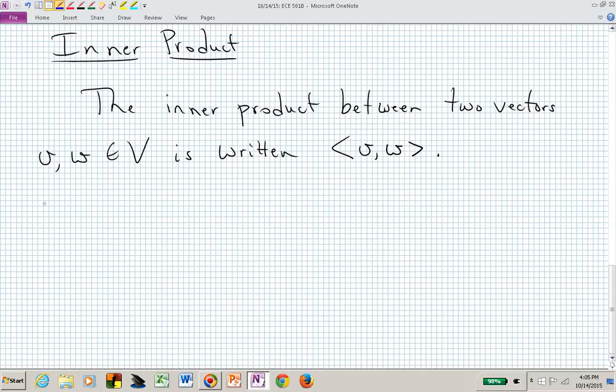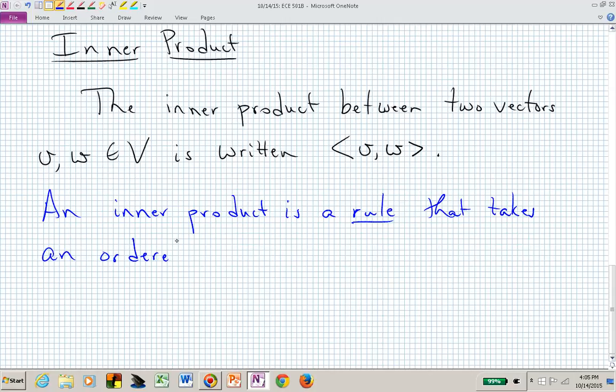An inner product is a rule that takes an ordered pair, and it depends on where you put these vectors in that definition. W, V is different than V, W in the inner product.